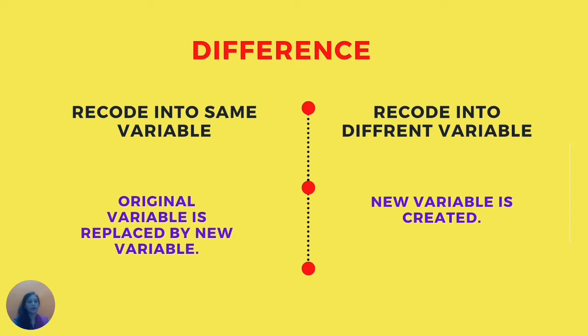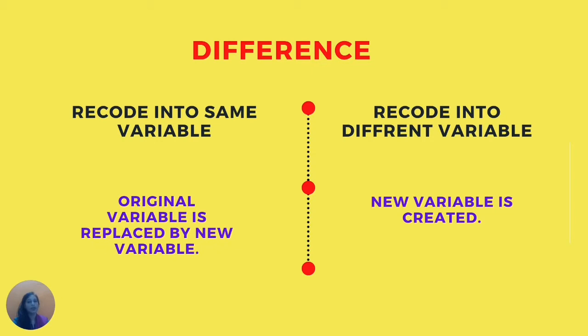Then recode into the different variable. According to this name you can understand that we are creating a new variable rather than touching the original one or manipulating or destroying the existing one. So this way these two things are performed under these two options.